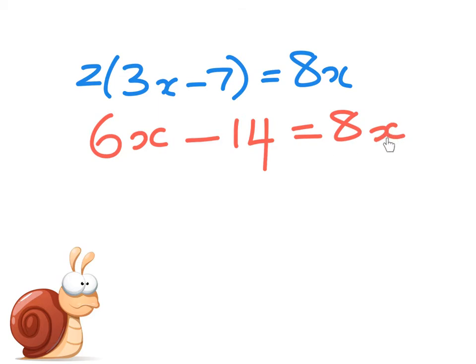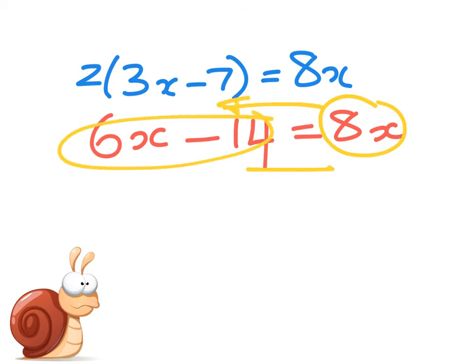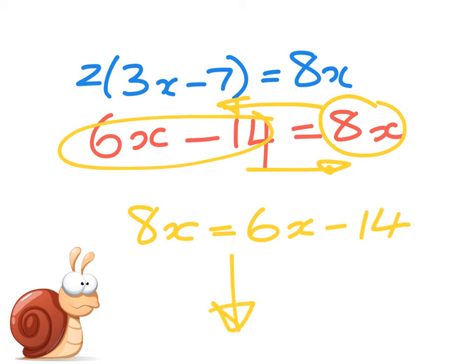So what I'm going to do is take this side and put it over here, and take this side and put it over there. So I actually have 8x equals 6x minus 14. And then you can proceed your normal method to solve it.